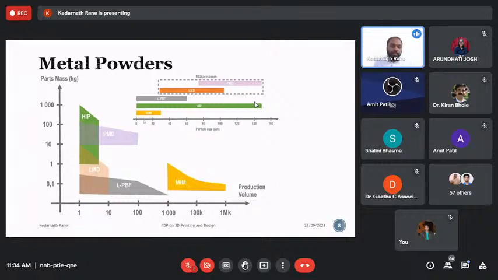When it comes to the use of the powder for various applications, you can see diverse processes are aligned. On the y-axis you have part size in kilograms, and on the x-axis you have production volume, in thousands and millions of parts.